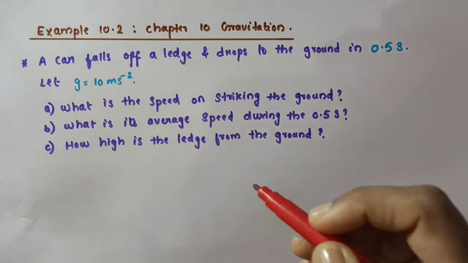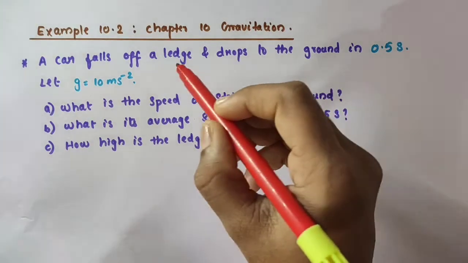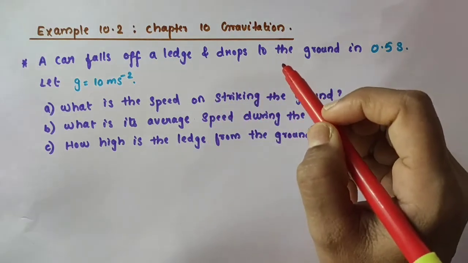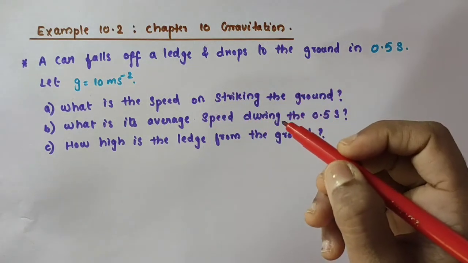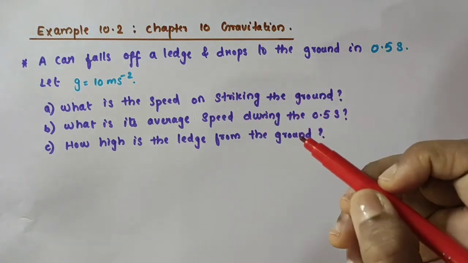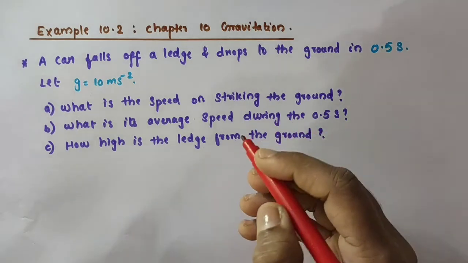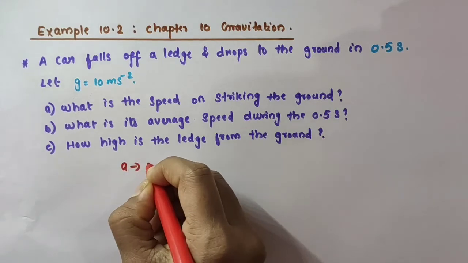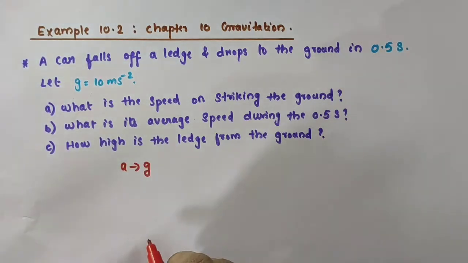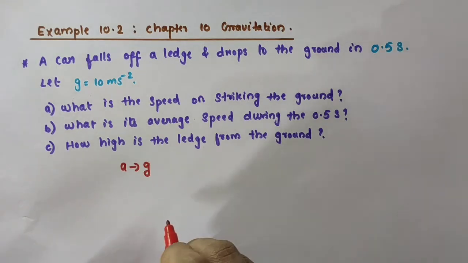See, it is given that a car falls off a ledge and drops to the ground. That is, after falling, the car moves under the influence of the gravitational force of the earth. The acceleration experienced by the car is the acceleration due to gravity, small g. We have three equations of uniformly accelerated motion.